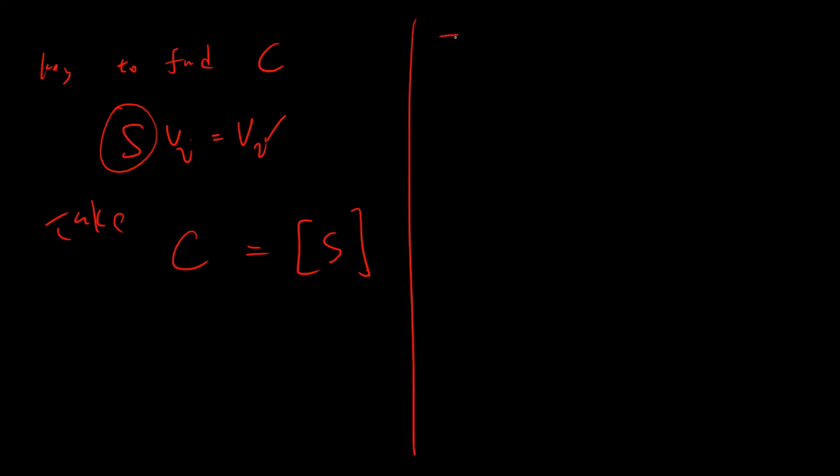So the proof is simple. T(Vi) is the sum over j of alpha_ij Vj, and T(Vi prime) will be, let's say, the sum over j of beta_ij Vj prime.